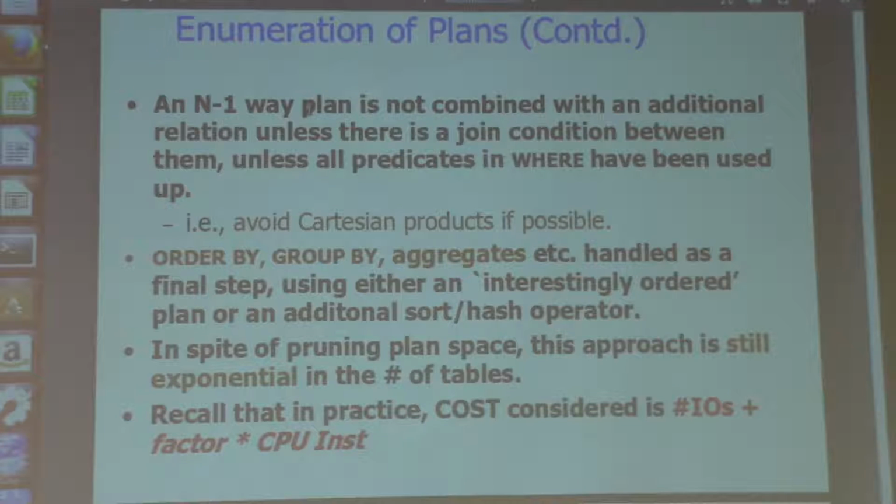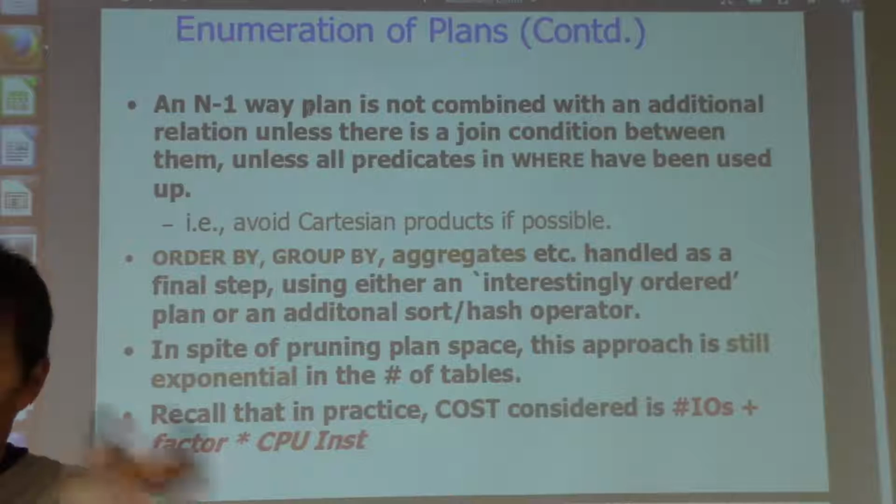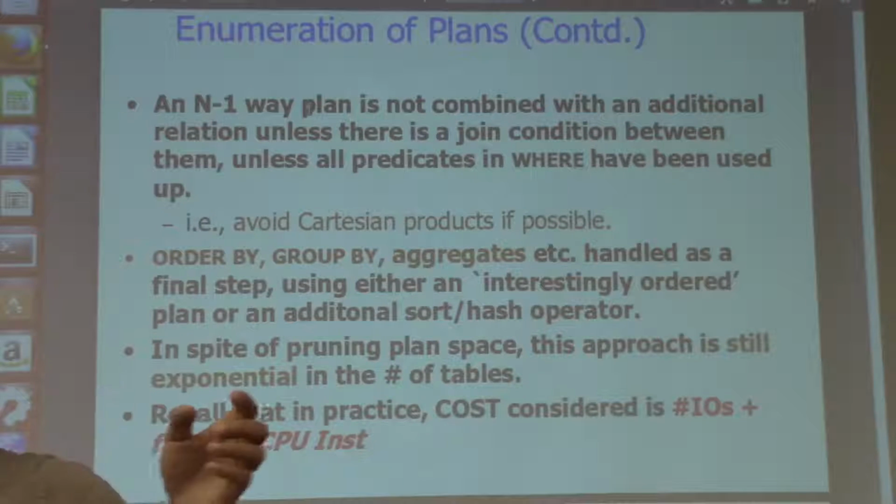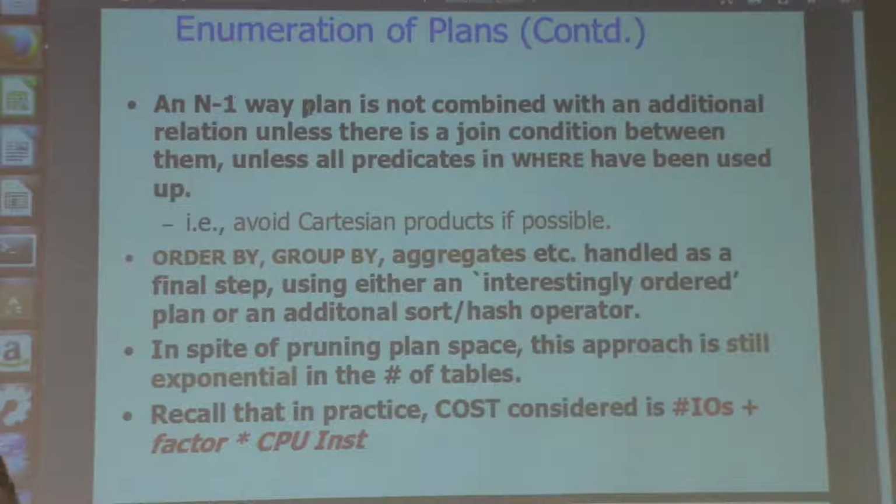And that's why they cannot really appreciate that you are keeping the best local plan, joining one subtree from this left deep tree join with another base relation. Sometimes they think, oh, I find all two-relation joins, then I find the best way to join them. That's not right, because once you do that, you get that growth rate instead of this. So those are little things that you need to pay attention to.